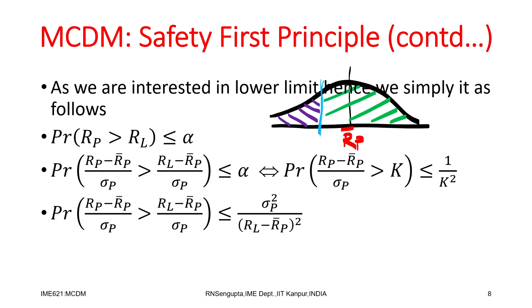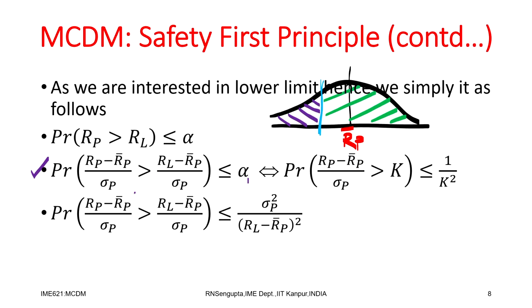So, continuing the discussion, if I want it to be less than some alpha, the probability of R p being greater, in this case I just use the standard normal deviate concept, R p minus R p bar divided by standard deviation, and I convert it into R L minus R p bar by standard deviation, which is in the third bullet point, which I am putting a tick mark on. The part inside the bracket, the left hand term on the left hand side of the greater than sign, is capital Z, and the part on the right hand side of the greater than sign is small z, the standard normal deviate.